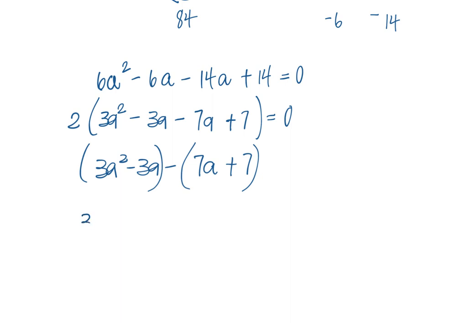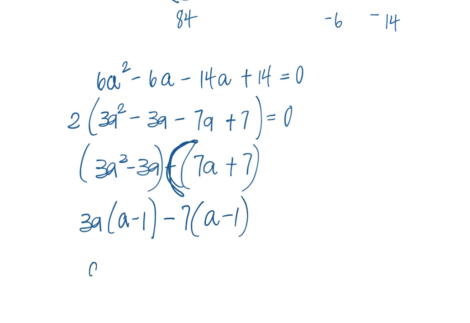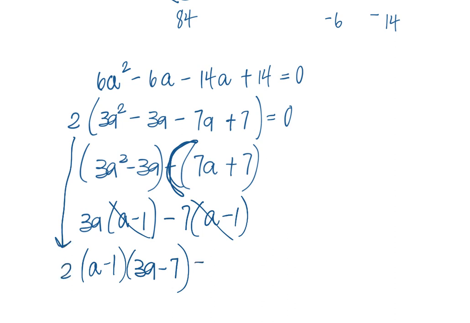And in the front, you can pull out a 3a and be left with a minus 1. In the back, and that parenthesis was really supposed to be right there, in the back, you can pull out a negative because of the leading coefficient being negative, and a 7 and be left with a minus 1. In both cases, you were left with a minus 1. And if you pull that out, you're left with 3a minus 7. And don't forget your GCF of 2.